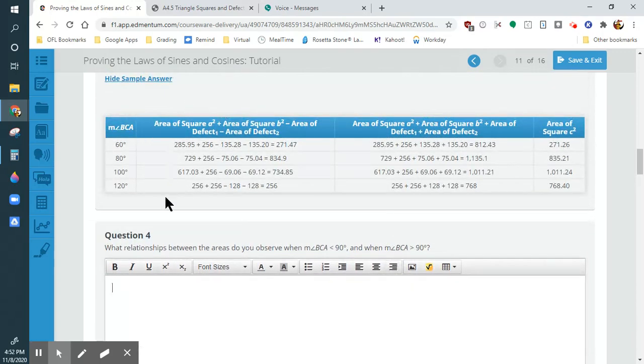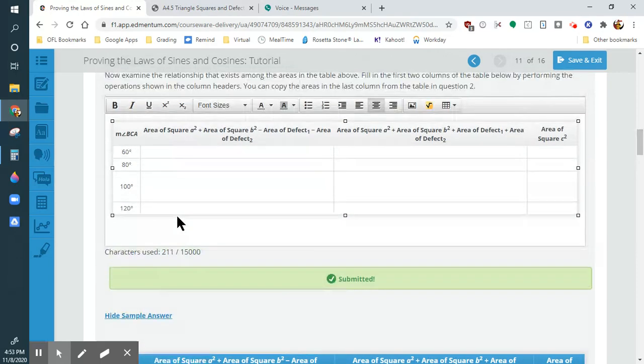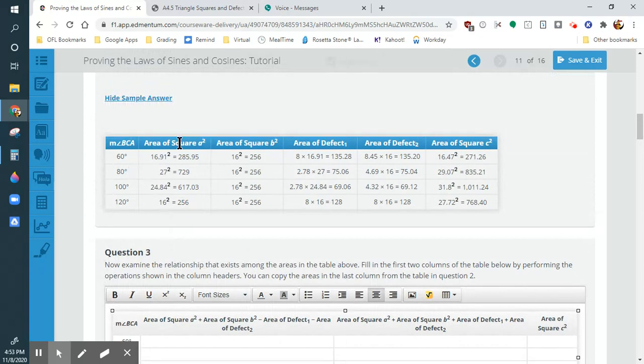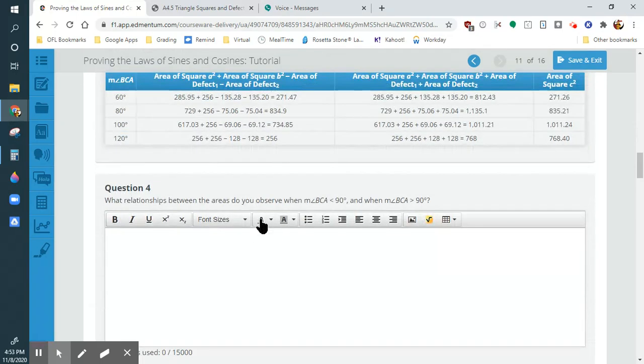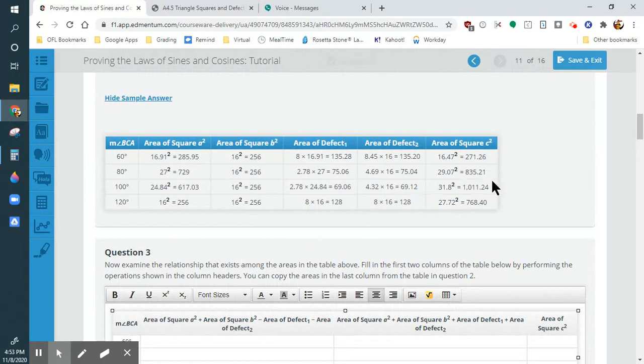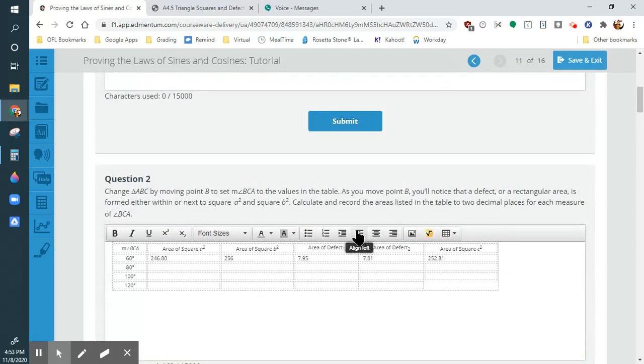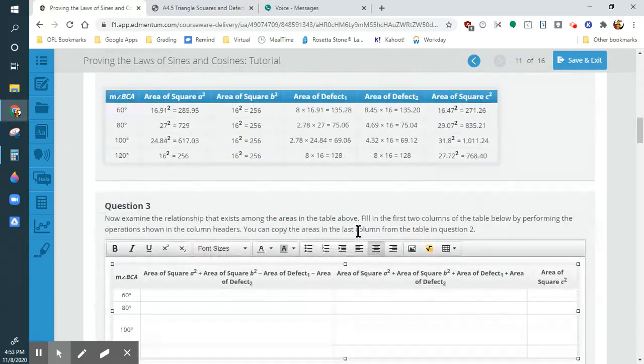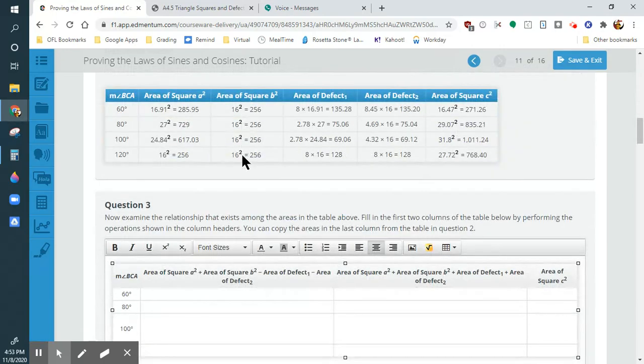So what I was saying here is, remember how I said if it's less than 90 degrees, it starts increasing, but when it starts getting greater than 90 degrees, they start decreasing again. So when it's less than 90 degrees, let's take a look at the actual completed chart here. So these are all the same.